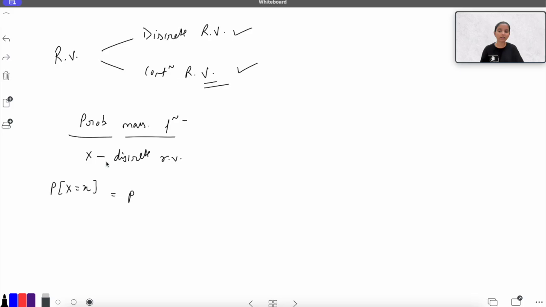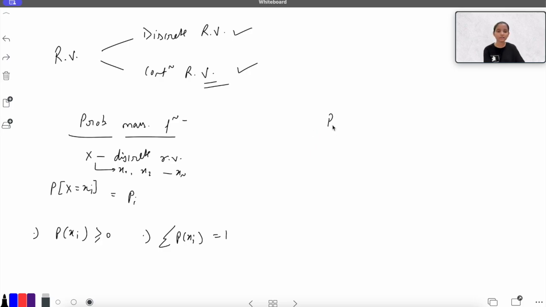Similarly, if your random variable is taking some values like x1, x2 to xn, then you find the different probabilities corresponding to each value, that is P(X = xi) equals pi. Then the very basic thing: the probability of each of these values would be greater than or equal to 0, and if your random variable is taking n values, then the sum of probabilities of all these values would be equal to 1.